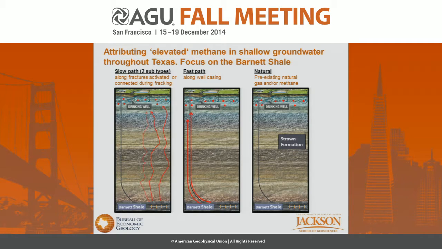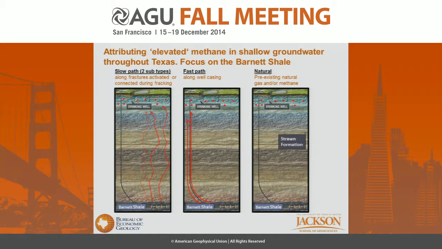This is the big public concern. This is the least likely to happen, but I think this is what the public thinks happens: as you fracture in the subsurface, somehow these fractures can propagate upward and form connections to shallow groundwater, or it can tap into pre-existing fractures, and it gives a fast path conduit for natural gas from a fracking site into shallow groundwater. There are two possible types of transport within this. It could be free gas transport, or it could be dissolved gas transport.